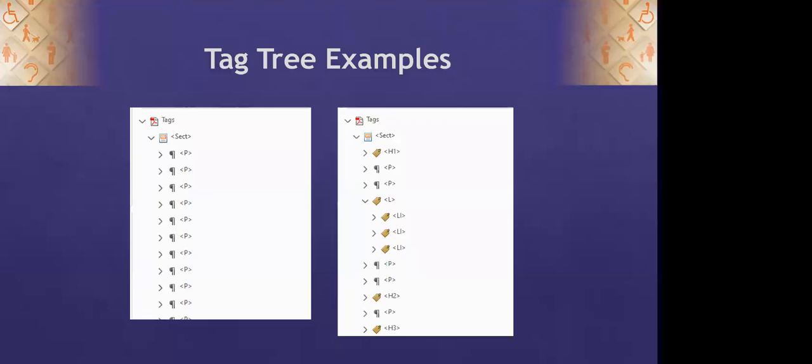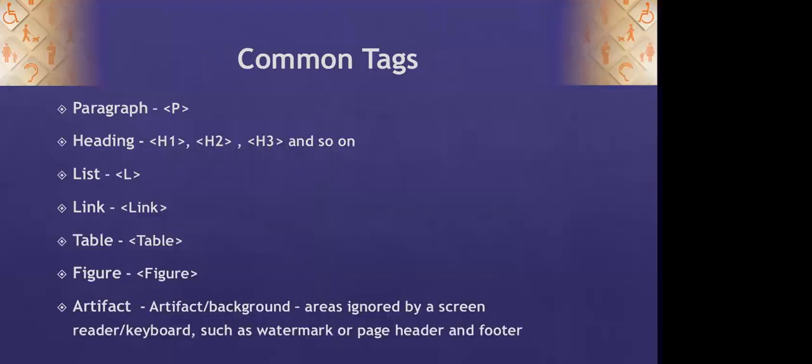And if I were to expand this, I would actually start seeing the actual text in the document. H2, H3, there are different levels of headings; H1 is your main and the sizes kind of go down. So this gives you a quick view of what a structured tag tree looks like. This is one that doesn't have any structure applied.